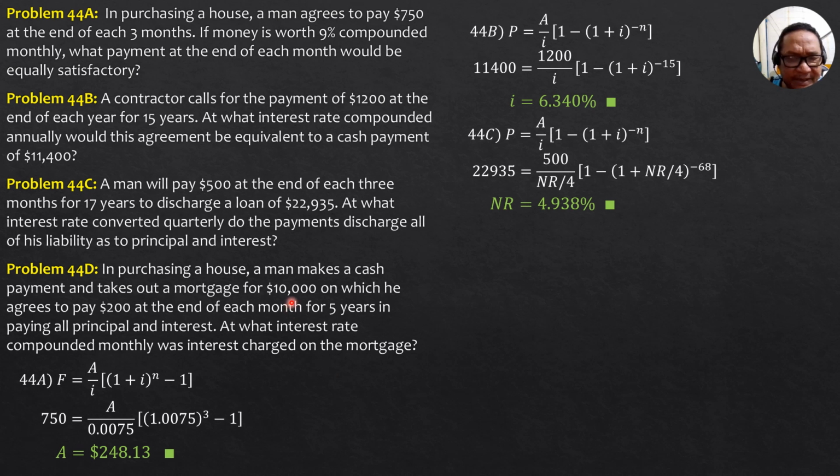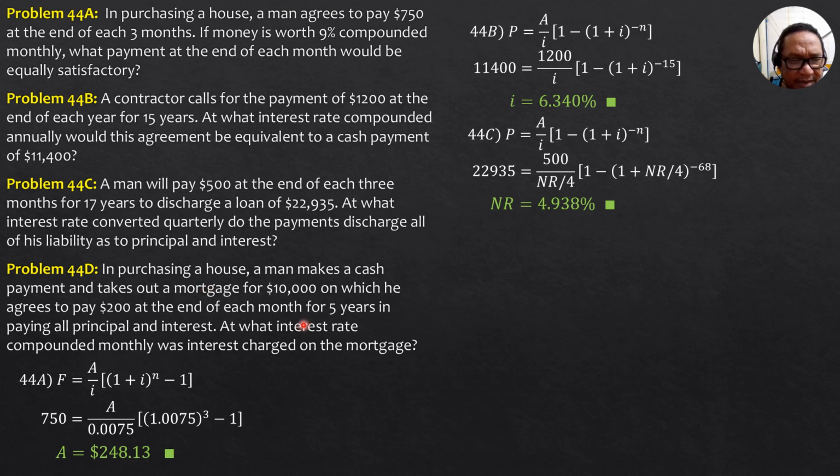So this is the present worth, $10,000 mortgage to purchase a house, and that comes from the real estate property so that you can have this mortgage in purchasing this house.